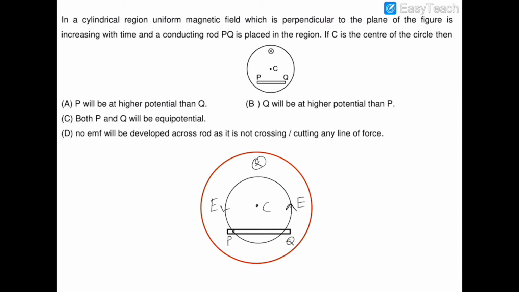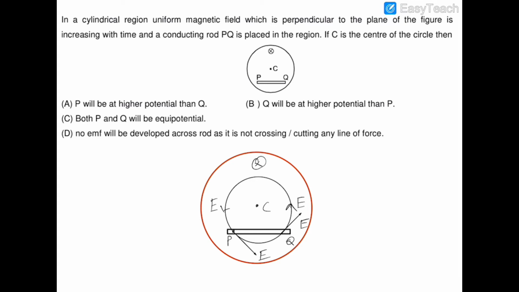So at this point the electric field would be tangentially pointing towards this side, and at this point E would be tangentially pointing towards this side. So this is E. Okay.